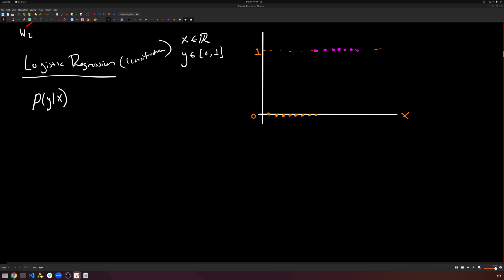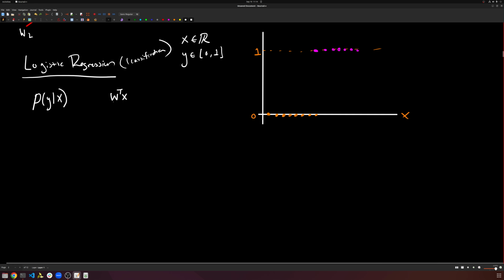That's step 1. So I'm going to skip ahead to the end a little bit and set it up. Our model is going to be, let's say, theta transpose x, or we can stick to w, so let's do w transpose x, right?